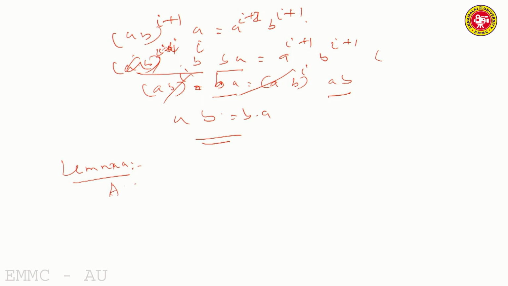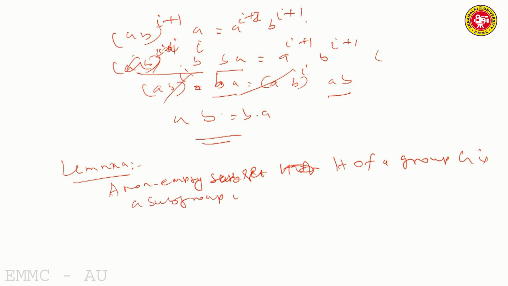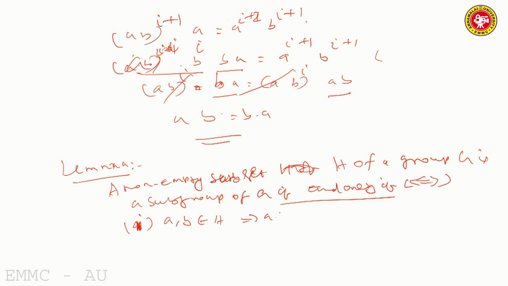A non-empty subset H of a group G is a subgroup of G if and only if, first, a, b in H implies a·b in H. This is called the closure property.